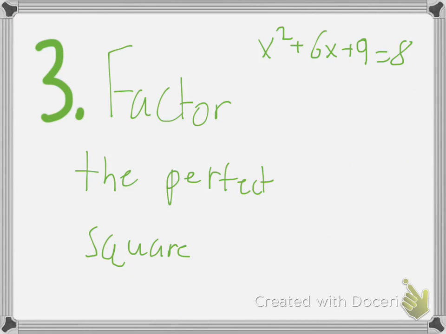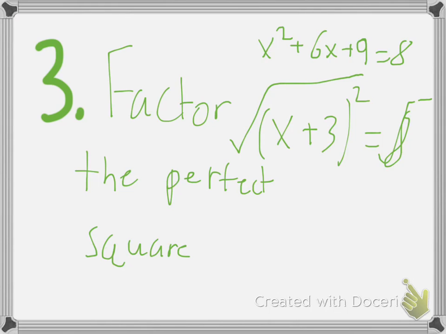After you have done this, your next step is to factor the square. The factor for this is x plus 3 squared equals 8. Then, to get rid of the parentheses, you have to square root both sides.